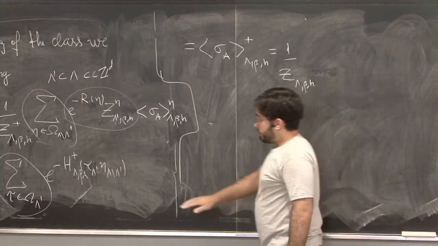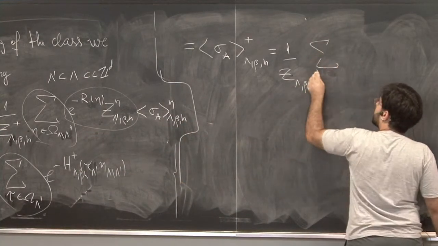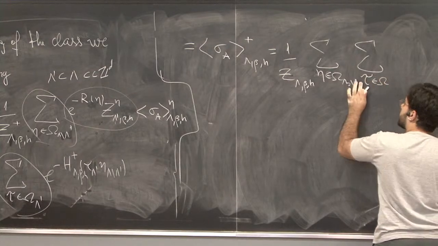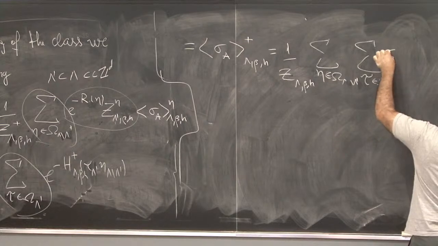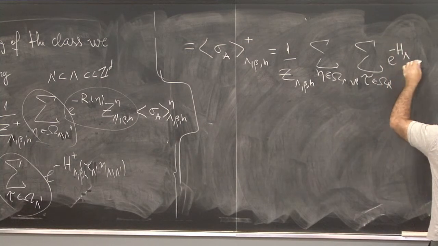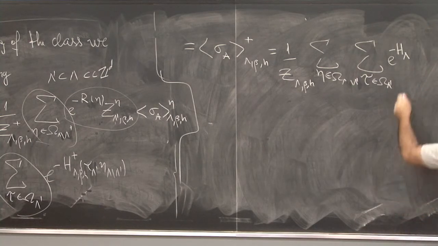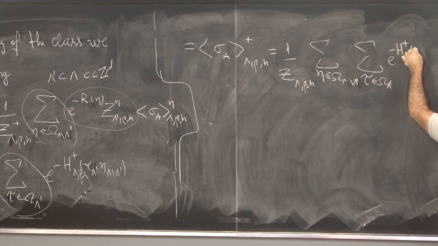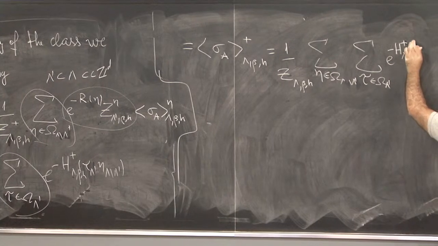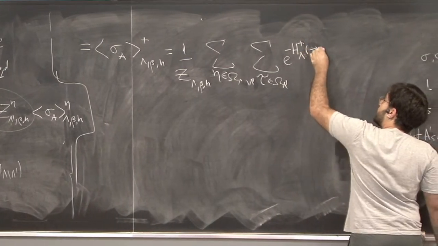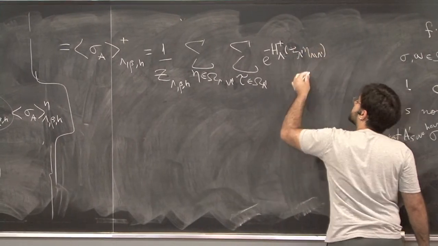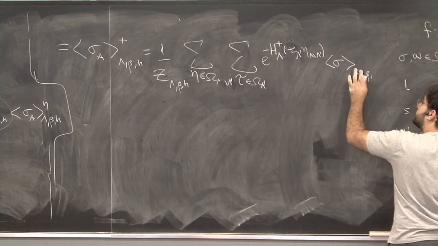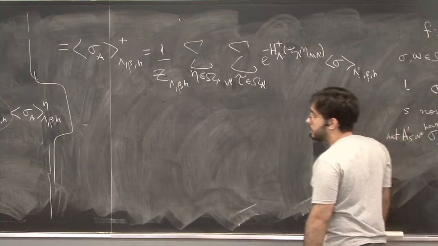I get the sum over eta here, the sum over tau here, and I have the local Gibbs weight calculated with the plus boundary conditions at eta, tau, lambda prime, eta, lambda minus lambda prime, times this, with lambda prime, eta.